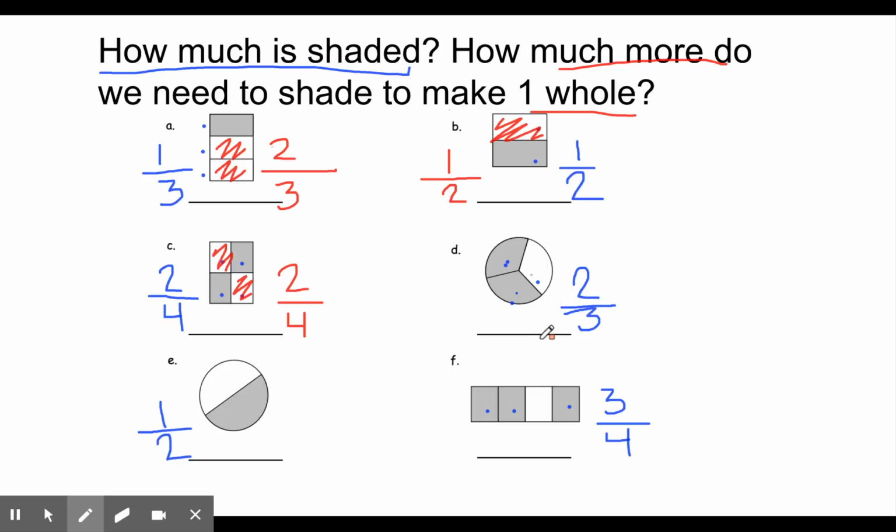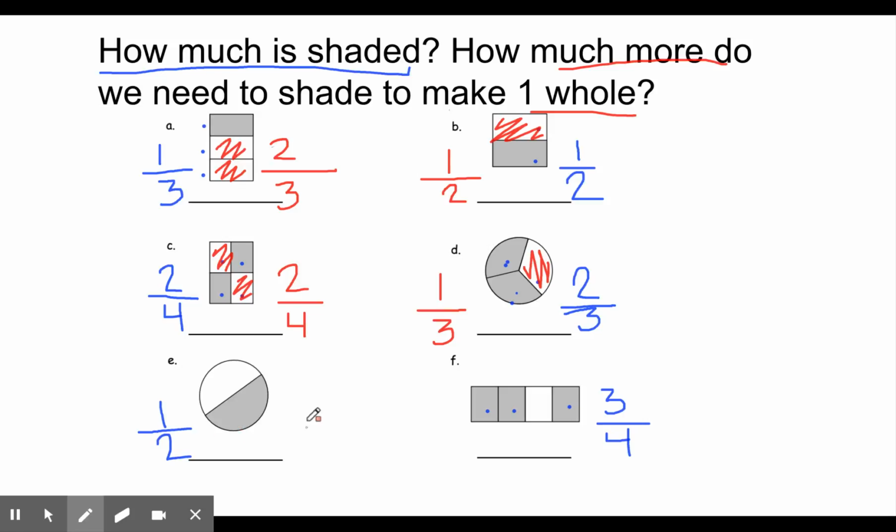Two-thirds have been shaded in here. I want to shade in the whole thing, so I have to shade in just 1 more part. There are still 3 parts, but only 1 needs to be shaded. Second graders, look at this one. This circle is just the same as this square because it's 1/2.